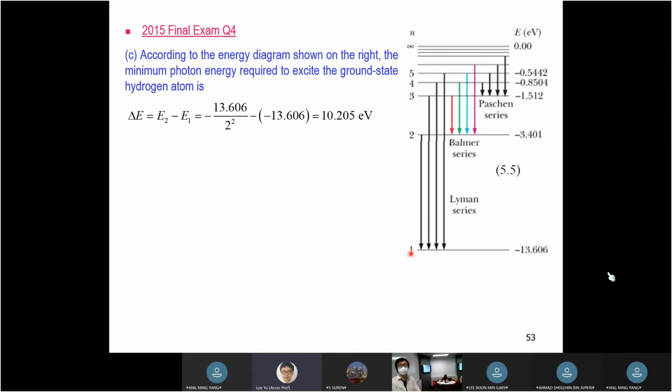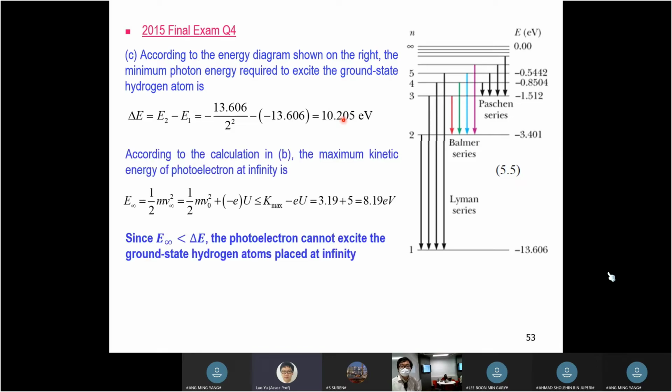The final thing is this one. The hydrogen atom is first in the ground state, so the minimum energy we require to excite it to the excited state is of course from 1 to 2. The minimum energy we require to excite the hydrogen atom is about 10.2 eV.